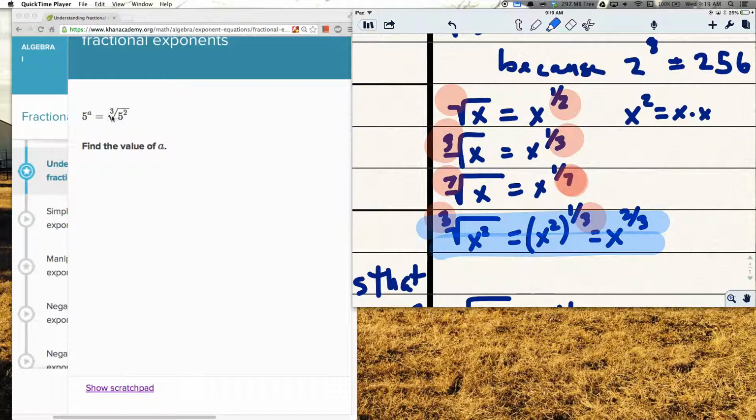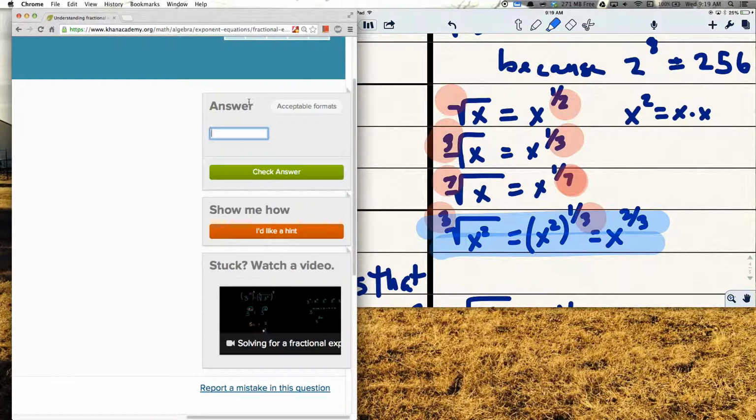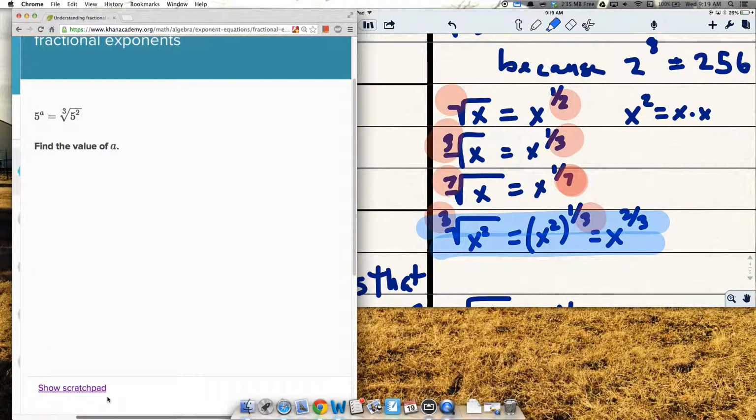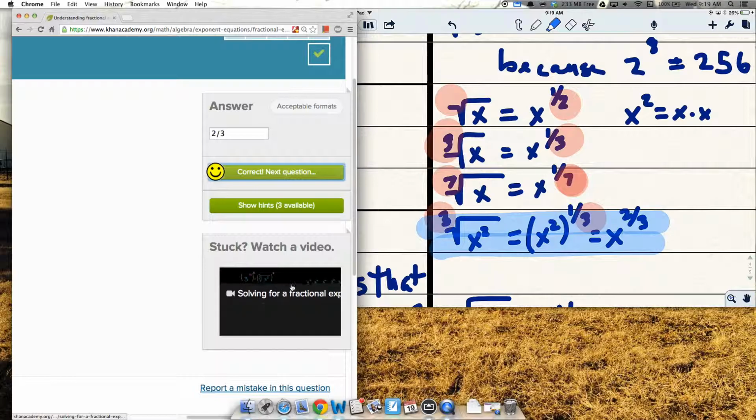And so this is going to become 5 squared times a third, which should come out as the fraction 5 to the 2/3. The 3 on the radical is going to become the bottom of the fraction, and the square underneath the radical becomes the top of the fraction. And hooray, I got it right.